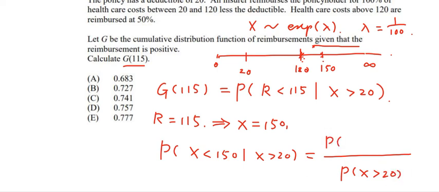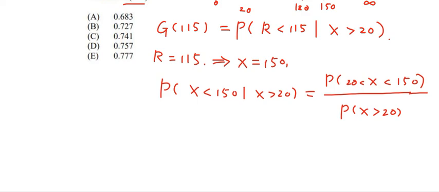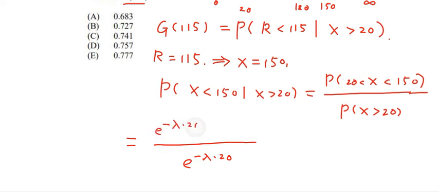Since this is an exponential distribution, we should remember that P(x larger than 20) is e to the negative lambda times 20, and between 20 and 150 it is e to the negative lambda times 20 minus e to the negative lambda times 150.